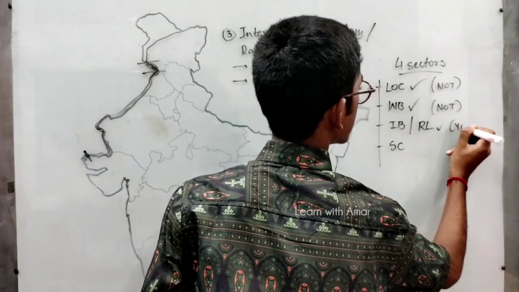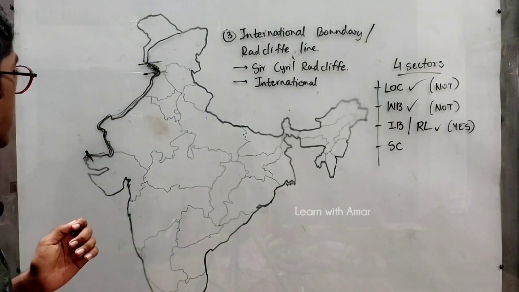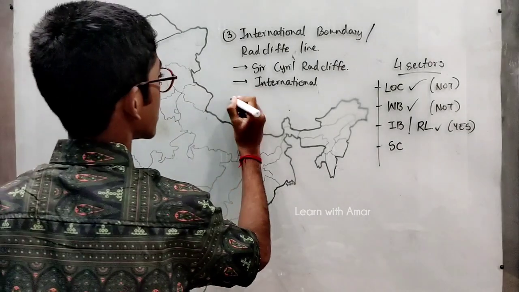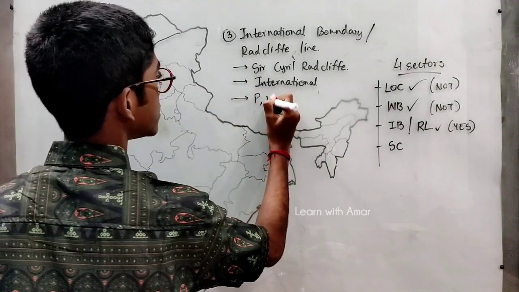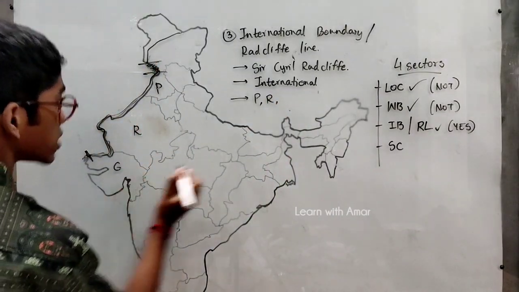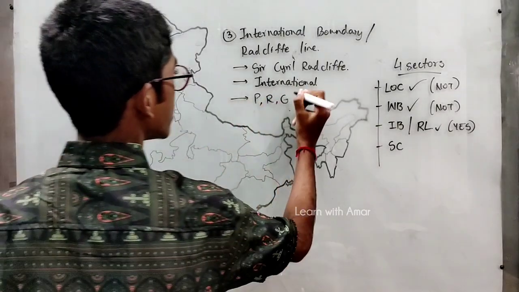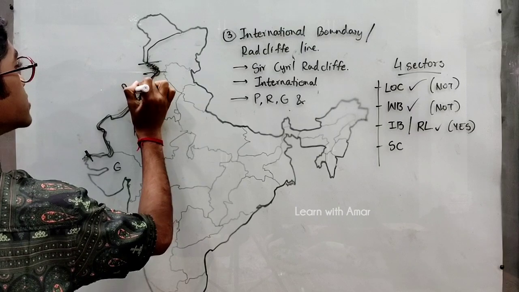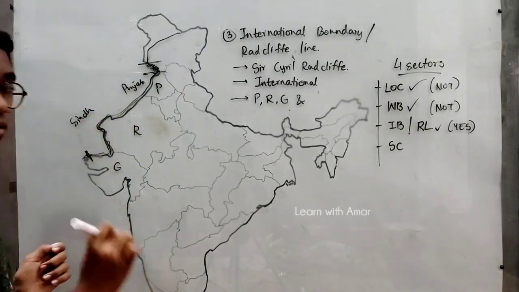Okay. That's it, I guess. Nothing else. Yeah, and also it divides, important point, it divides Punjab, Rajasthan and Gujarat of India, and here we find Punjab, as I already said, and here we find Sindh.